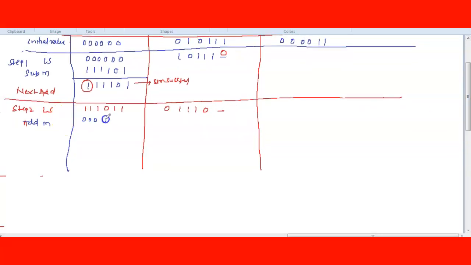If you add it here, 1 1 0, carry 1, 1 plus 1 is 1, carry 1. So this is 1 and this is also 1 1 1. So here again this value is 1. So this step is also unsuccessful, so the quotient bit will be 0 here. Till here step 2 is over.